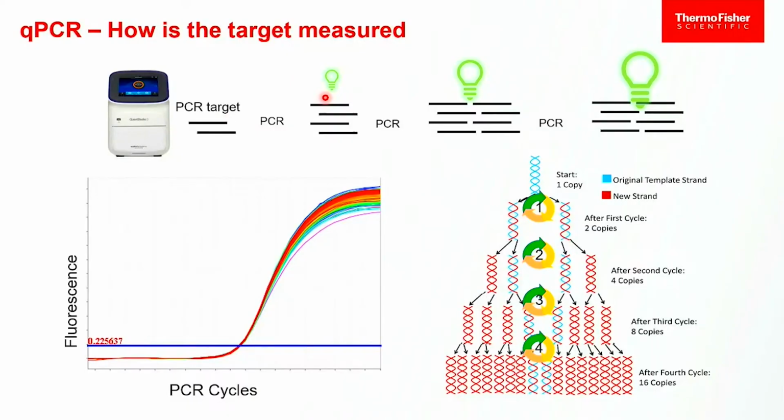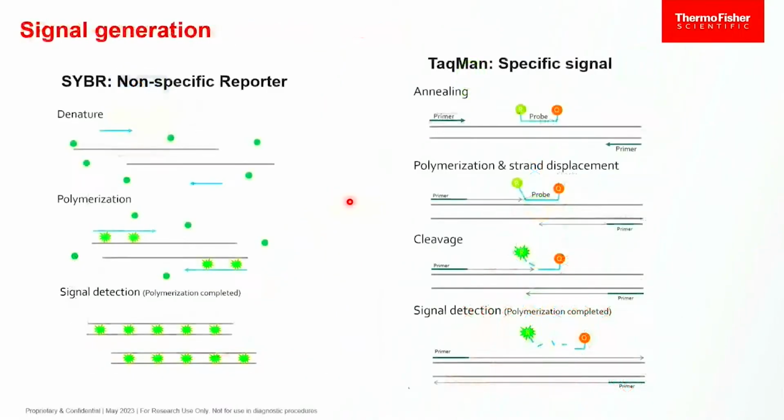We plot that fluorescence on a graph, and we can watch that exponential, twofold growth. It starts out really slow, we're making some, but we can't detect it, and then it takes off when we make a lot. When that takeoff happens is the information we use for our quantification techniques. We call it a CT. I'll come back to it.